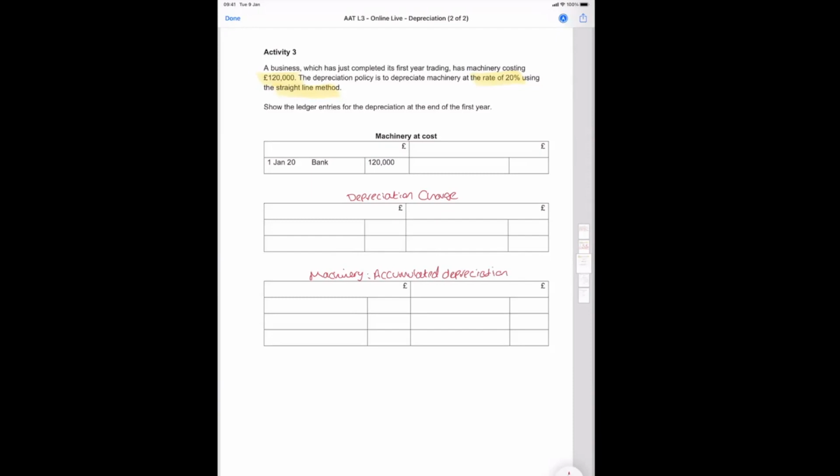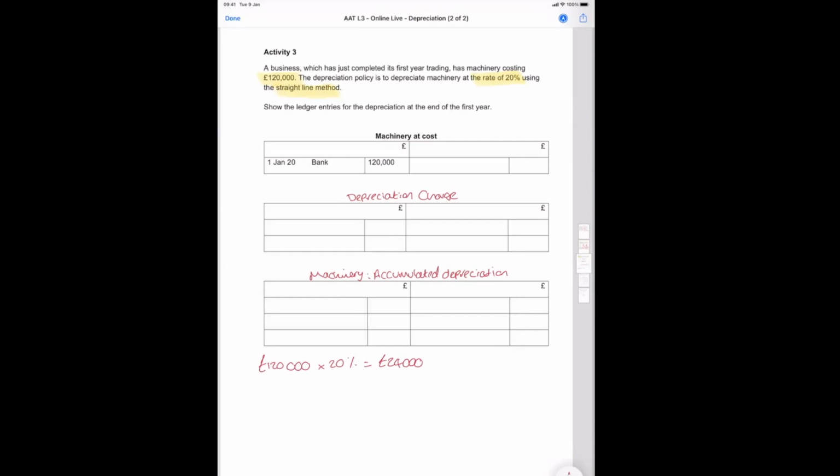Okay, so first of all, we need to record the annual depreciation charge. Okay, we know that we're using the straight line method and that the machine cost us £120,000. The rate is at 20%. So we're going to times that by 20% to give us an annual depreciation charge of £24,000. Okay, note that in this example, there isn't a residual value which has been given. Okay, sometimes there will and sometimes there won't.